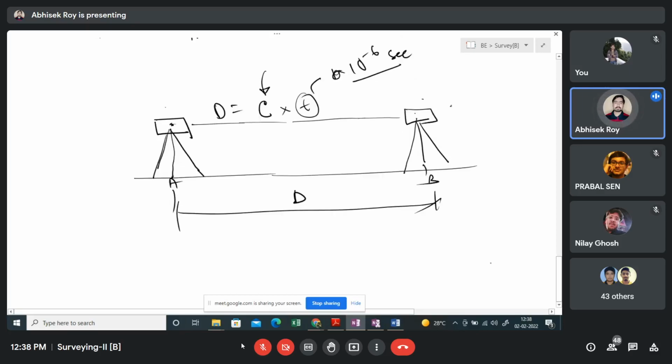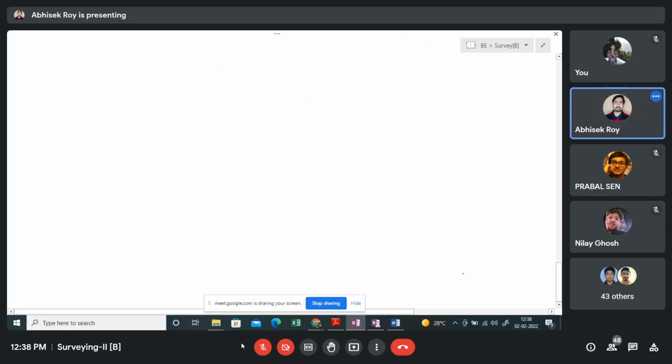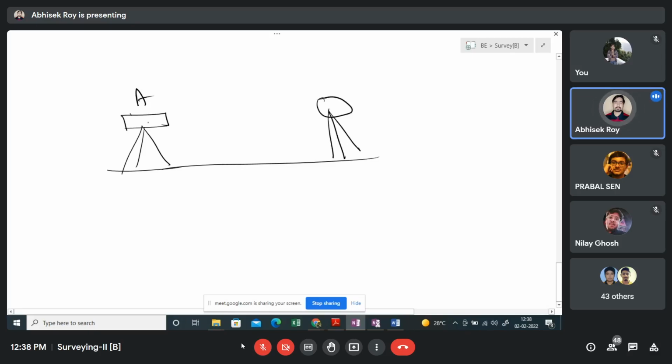So for that reason, what we can do, because no one is able to start and stop any measurement device or any clock which is present at B, instead of placing the receiver at B, we can keep the transmitter as well as the receiver both at A, and at B we can keep just a reflector.